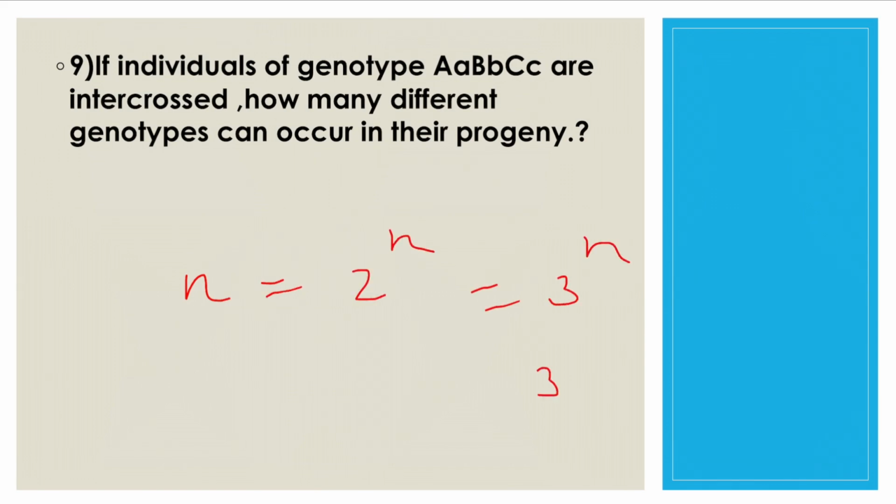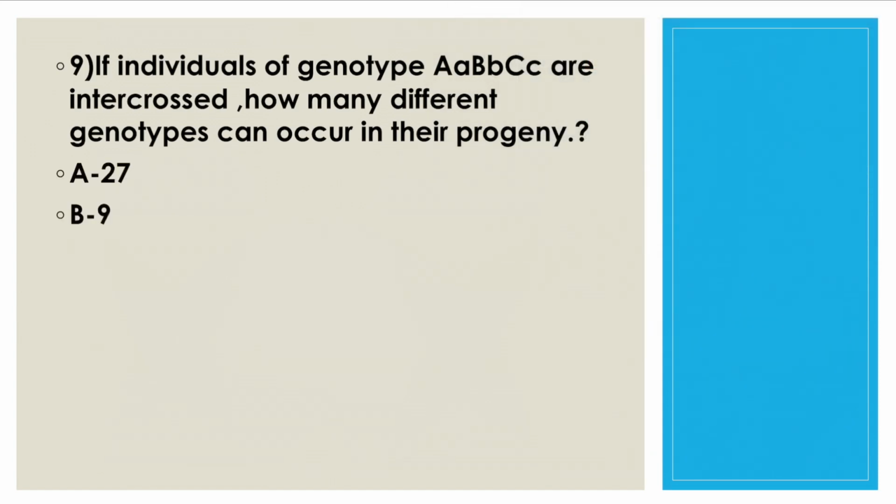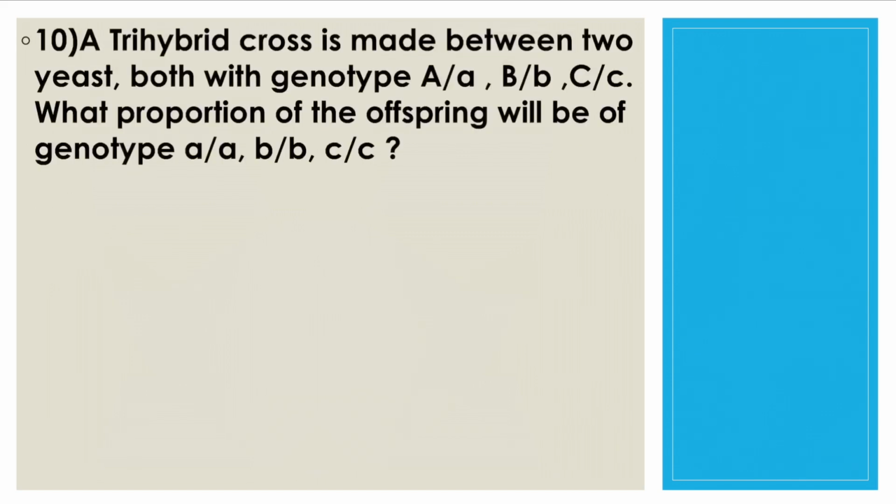The genotype is 3^3 because the number of gene pairs is 3 here. So 3 into 3 into 3 is equal to 27. So the answer should be 27. Answer is A, 27.